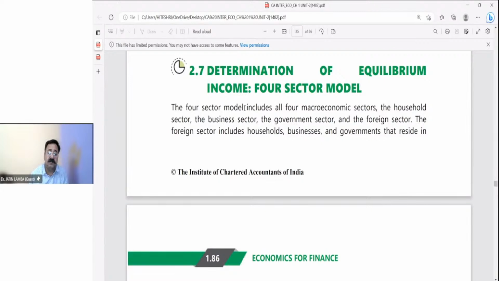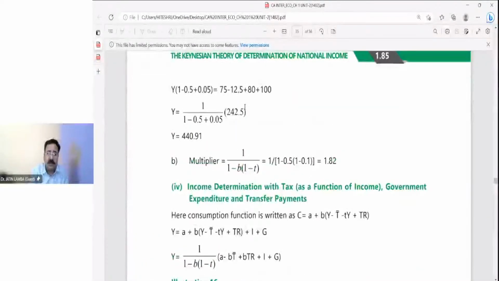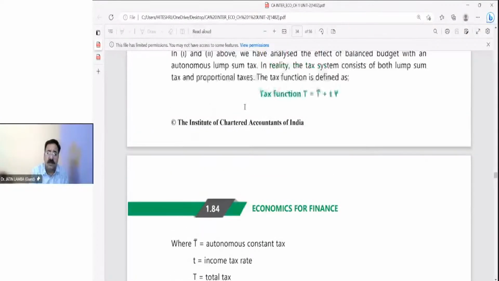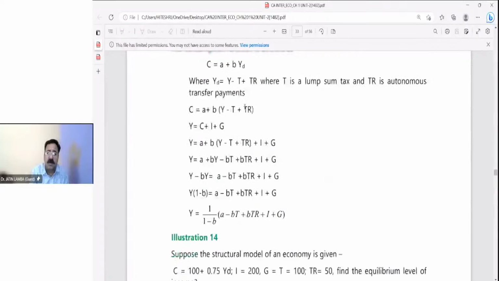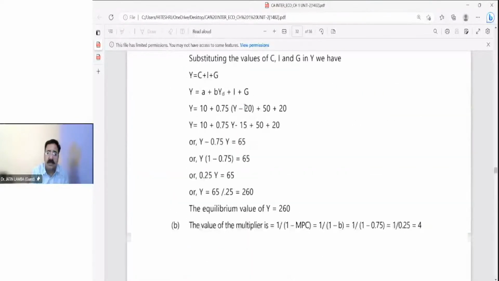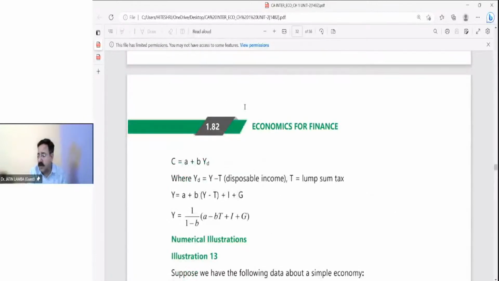First, when there is a constant tax rate. Three or four cases, sorry. First one, where the taxes by the government are taken as lump sum taxes, right? This one, and we have done this.